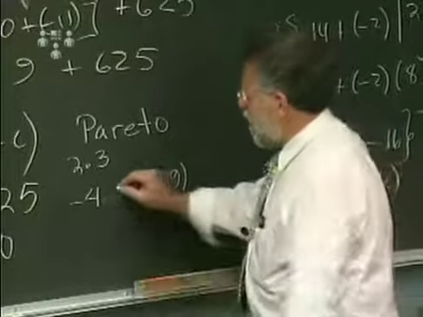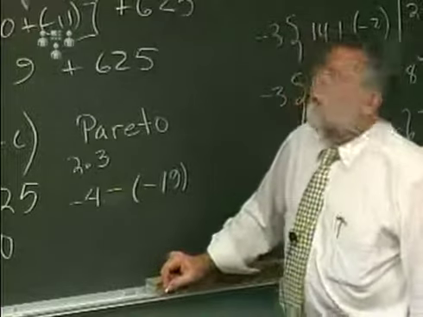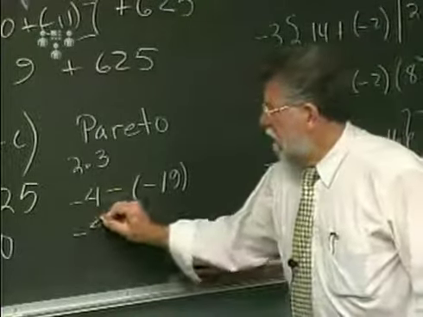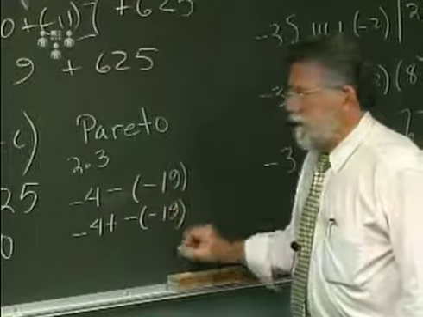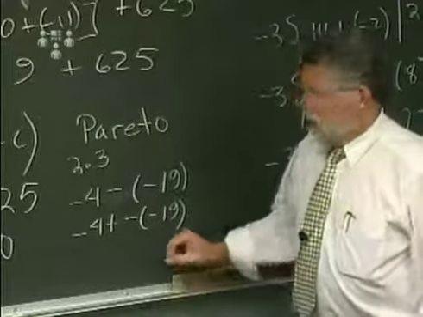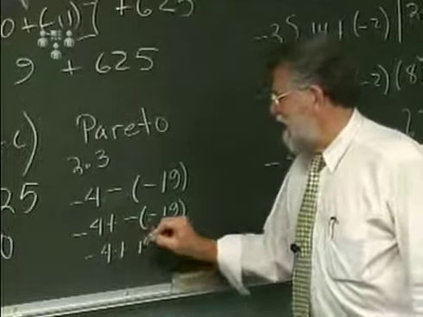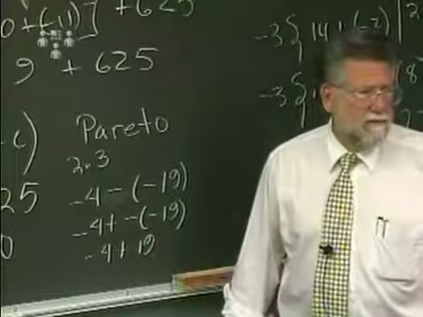Now notice, that isn't nearly as bad as the garbage we've been doing. Now, here I'm going to have -4 plus the additive inverse of -19. That was for Robert. Look at the camera if you can't see. And so, yes, that's going to be -4 plus 19. And I hope you see that and say, well, that's 15.